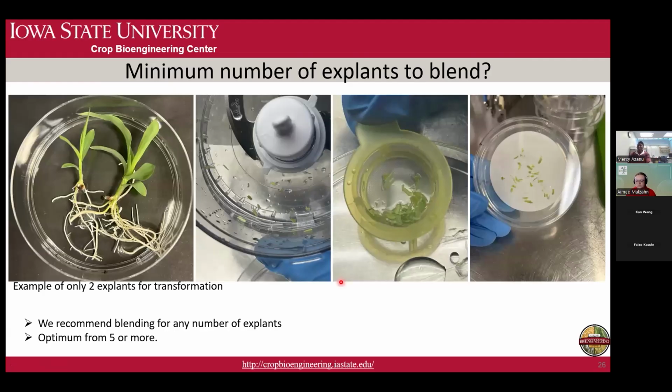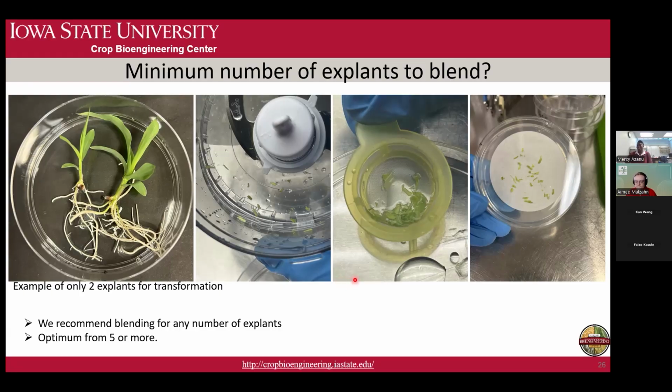Going back to the question that Morgan asked about how many explants we blend, and Faisal answered that we blend at least about 5 or more. What we have even observed is that even if you have just 2 explants, say you had a lot of seeds to sterilize but did not get all of them ready at 10 days, but you still want to carry out your transformation, even for as low as 2 explants, please still go ahead and blend them.